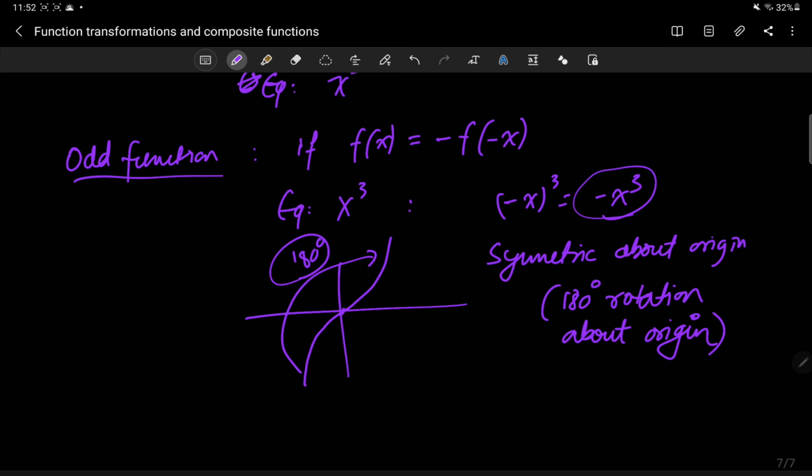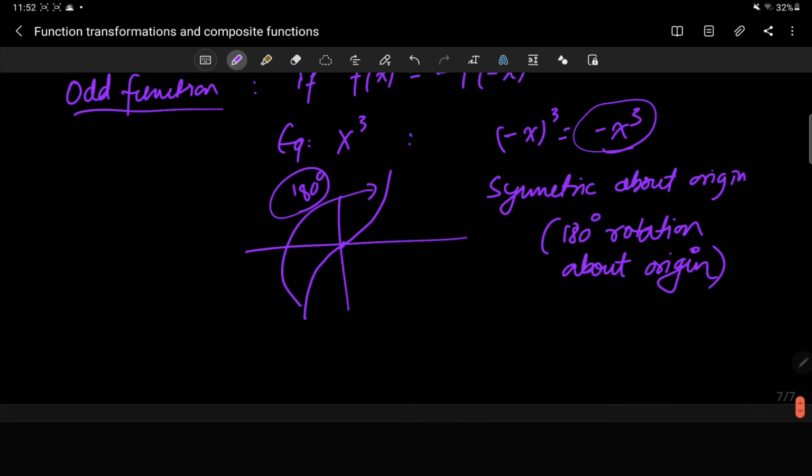Okay, and that's because reflections can be thought of as 180-degree rotations, right? But they're not exactly the same because there's also a mirroring element that happens in reflection, which is not captured by rotation.